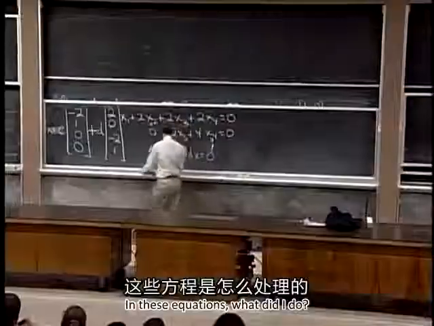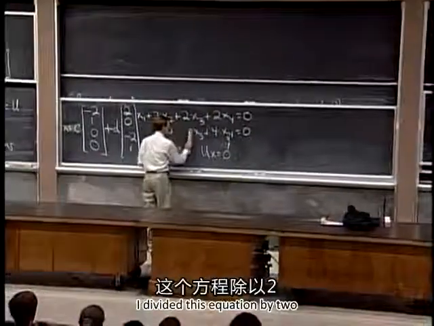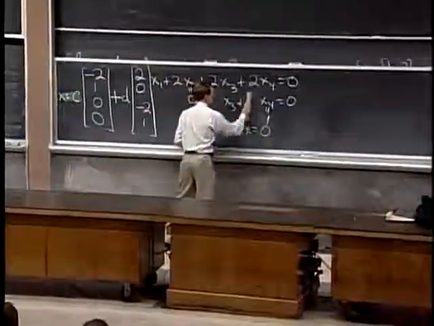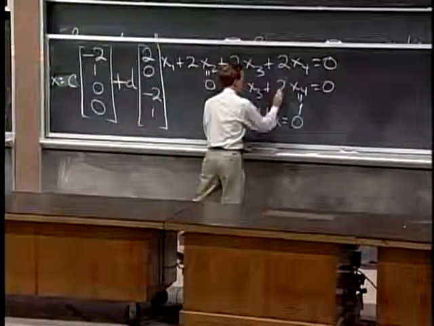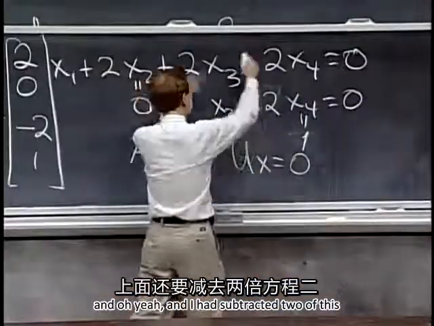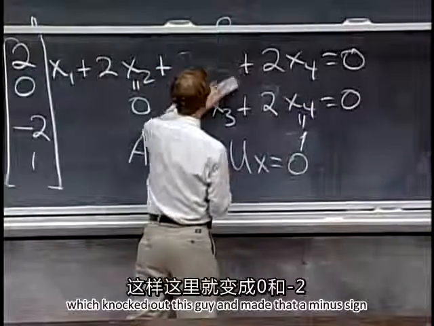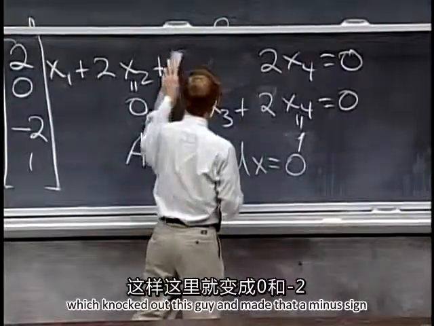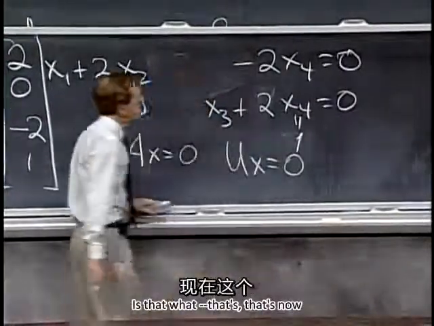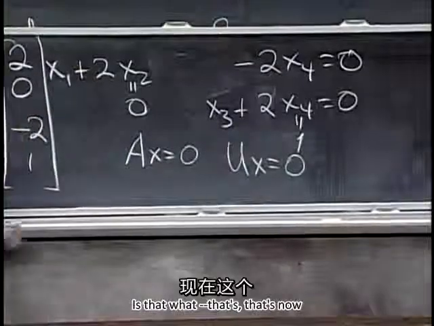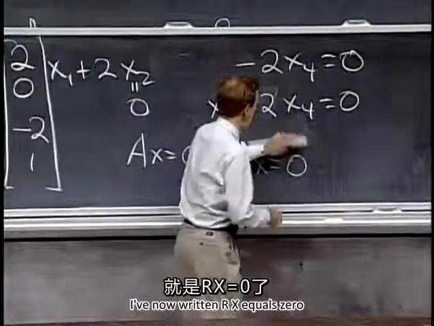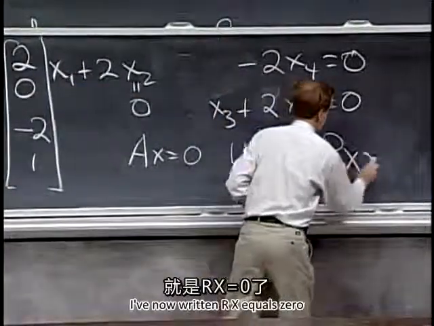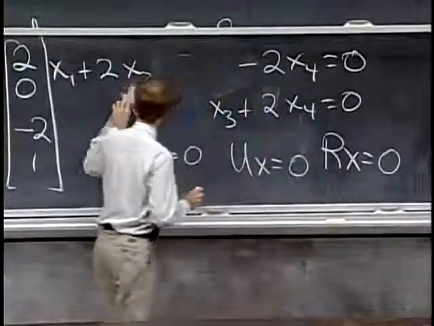In these equations, what did I do? I divided this equation by 2. And oh yeah, I had subtracted 2 of this, which knocked out this guy and made that a minus sign. I've now written Rx equals 0.